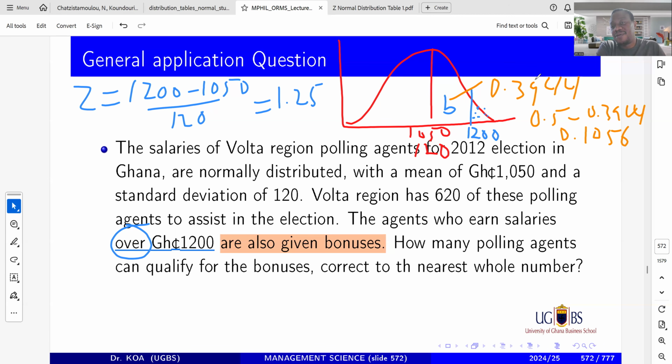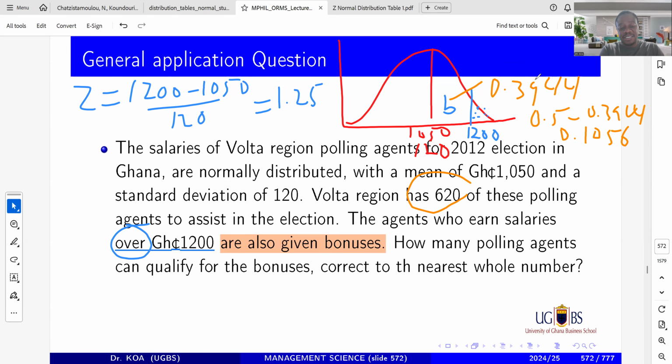So that is the percentage of those getting over 1,002 who are going to get bonuses. This is a percentage value. That is 10.56%. The question is, how many polling agents can qualify? Well, we know that out of the polling agents we have, 10.56% of them are going to get bonuses. And how many are they? They are 620.